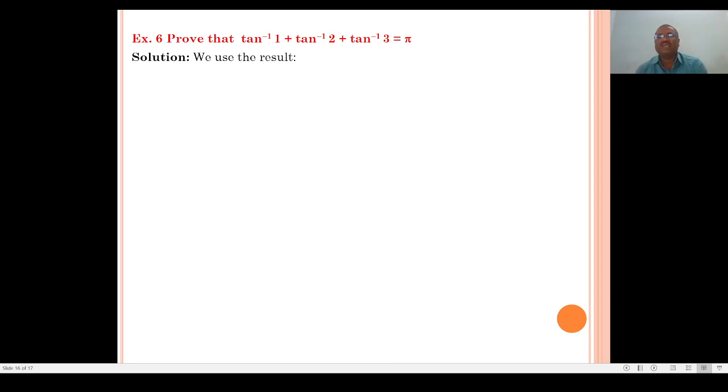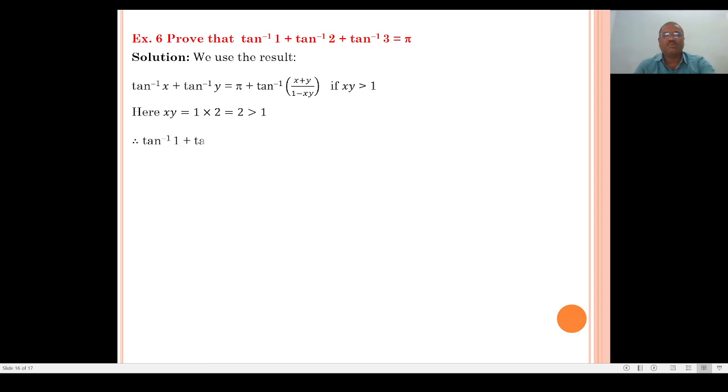Now next example. Prove that tan inverse 1 plus tan inverse 2 plus tan inverse 3 equals pi. We use the result tan inverse x plus tan inverse y equals pi plus tan inverse of x plus y upon 1 minus xy, if xy is greater than or equal to 1. So here xy is clearly greater than 1. So tan inverse 1 plus tan inverse 2 equals pi plus tan inverse of 1 plus 2 upon 1 minus 2.